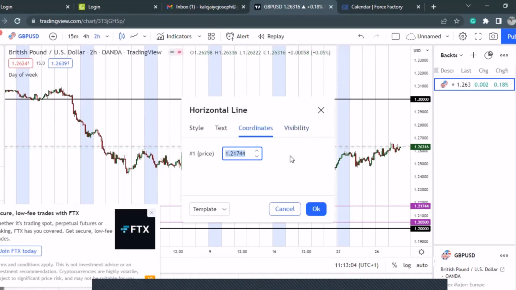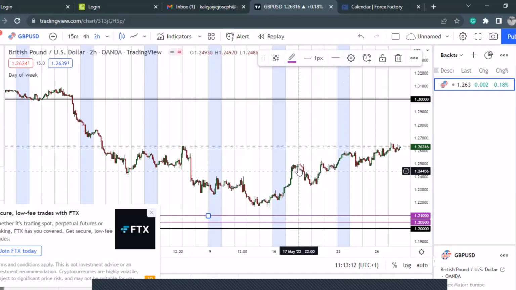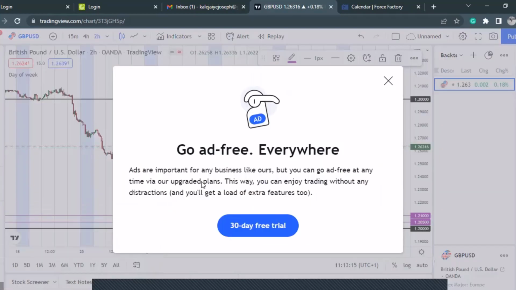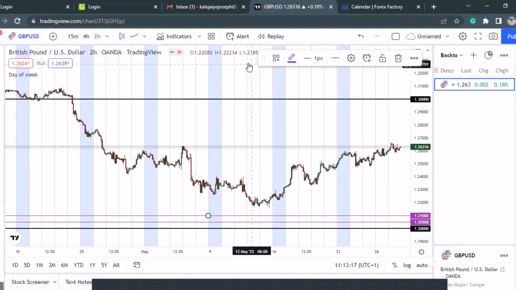There's going to be a 1.2100. Seems like the 2-hour won't cut it.